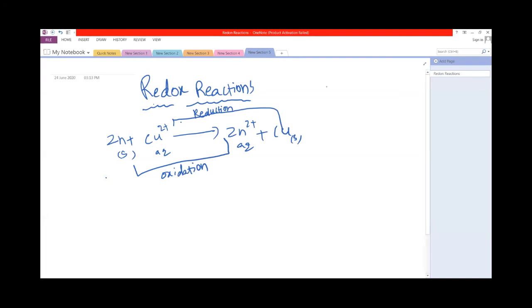I wrote the chapter name redox reactions. I am taking these reactions in aqueous medium. This is the solution of CuSO4, and this is the solution of ZnSO4, and the zinc is here on a zinc rod.